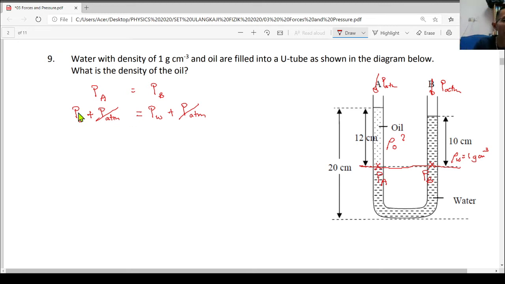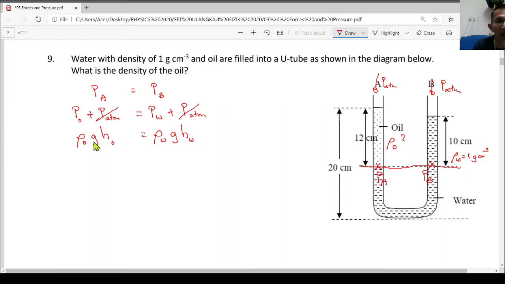So the pressure exerted by oil is density of oil multiplied by g multiplied by the depth of oil, equal to pressure exerted by water, that would be rho of water multiplied by g multiplied by the depth of water.